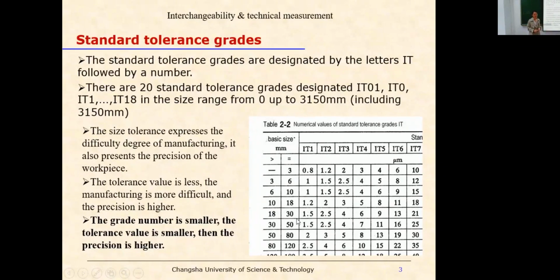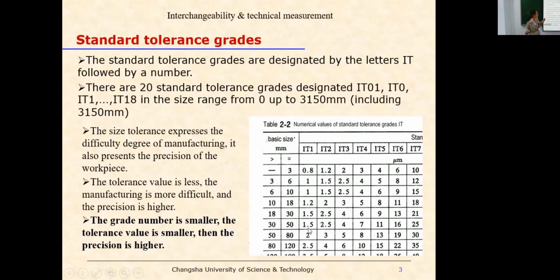The size tolerance expresses the difficulty degree of manufacturing. It also represents the precision of the workpiece. It means that for an individual size, your basic size, like for a shaft, it is 20, right? It's from here, larger than 18, smaller than 30. So if I give you the tolerance IT1, the precision is IT1, so its tolerance is 1.5, right?